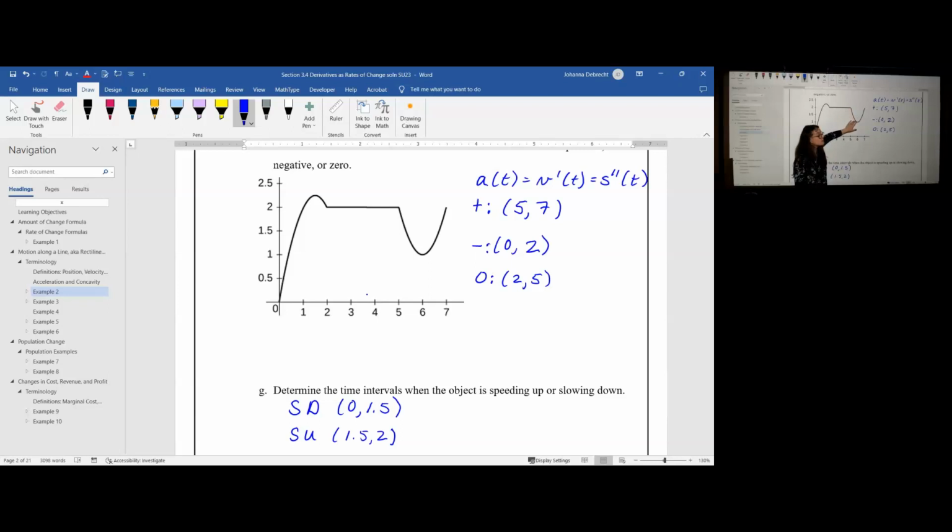There's no inflection point, which means that it must be slowing down over the entire region between 5 and 6. And then on the right side, there's again no inflection point where the speeding up, slowing down behavior changes and acceleration changes. So we must have that it is speeding up over this section from 6 to 7.